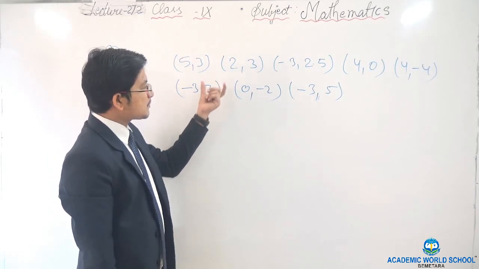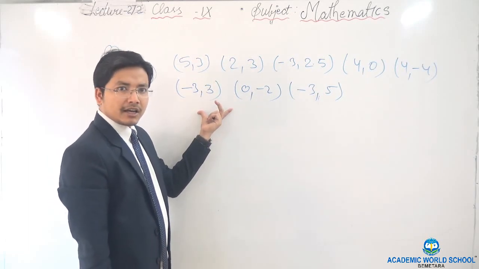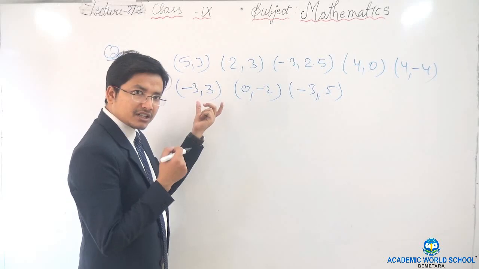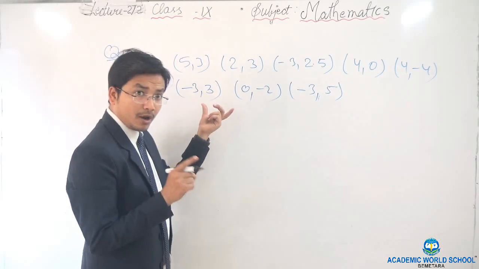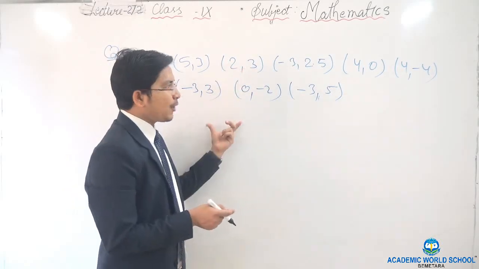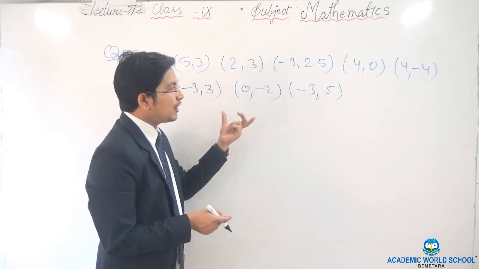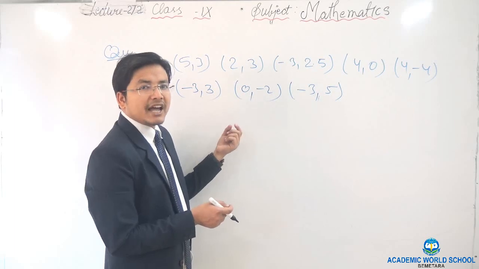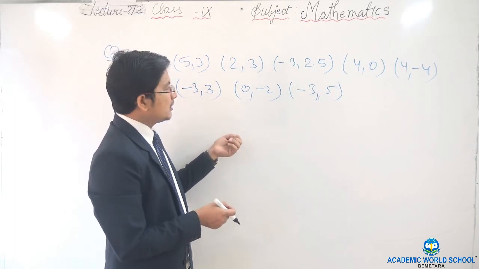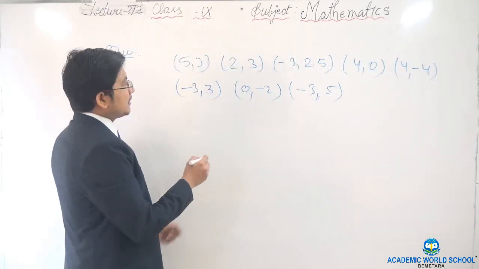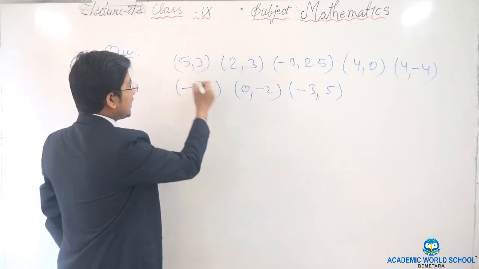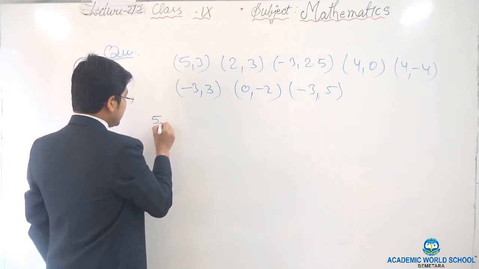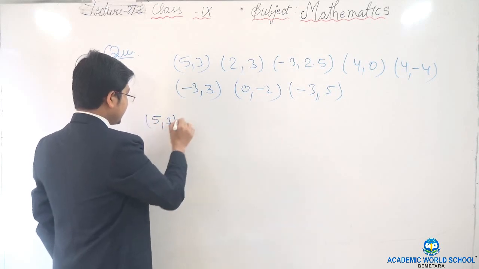You have to plot these points on the graph. While watching the video, just stop the video and plot these points on the graph. After plotting the points, you have to write in which quadrant they are lying. Say I am writing 5, 3.